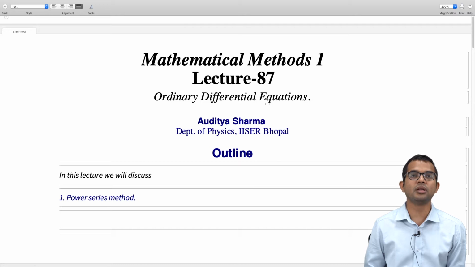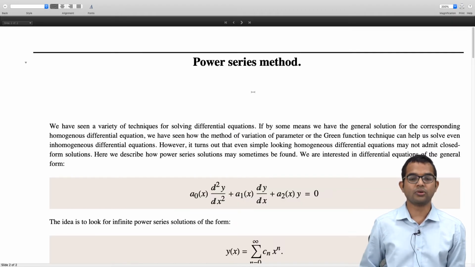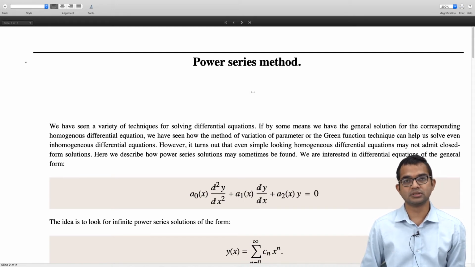In this lecture, with the help of a very familiar example, we will illustrate how this method plays out.